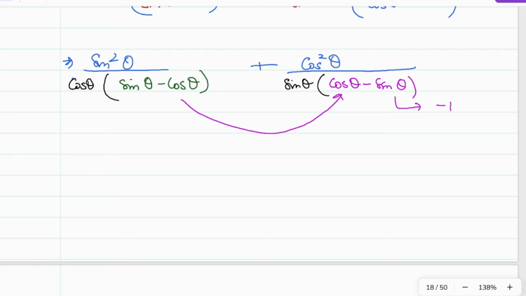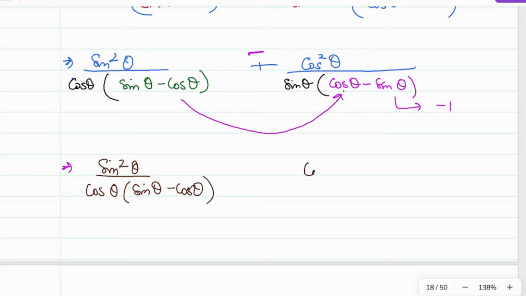That negative sign I can insert here. I can rewrite this equation as sin square theta divided by cos theta into sin theta minus cos theta. Here, if I take minus 1 out, the cos theta will become minus cos theta and sin theta will get converted to plus sin theta.